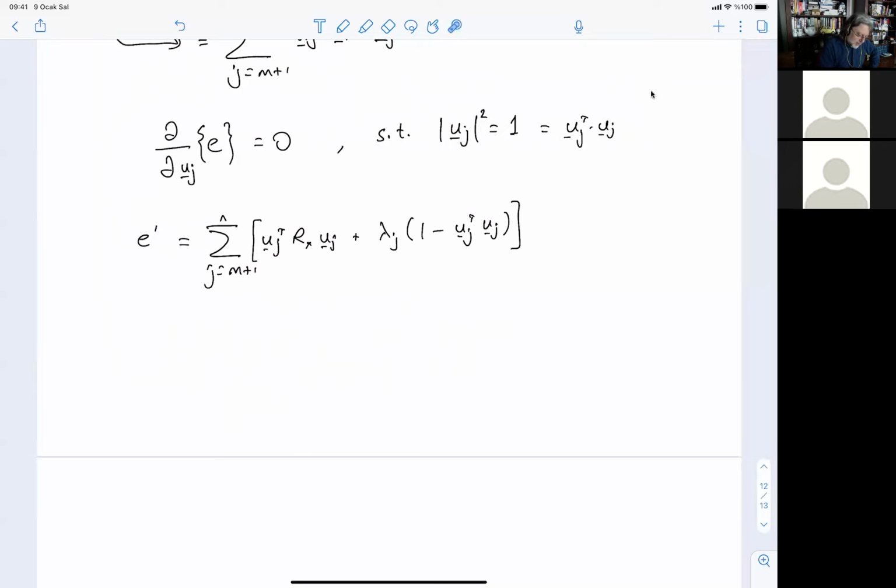Why? What does that mean? This condition is a condition which must approach a value of 1. But I didn't write uj transpose uj minus 1 because normally from the derivative of this part, it already tries to make uj's to be 0 when I equate the derivative to be equal to 0.